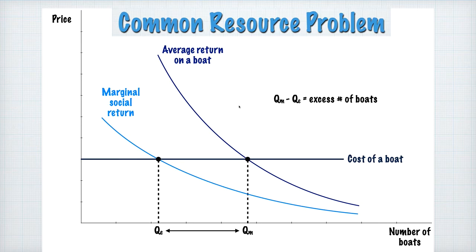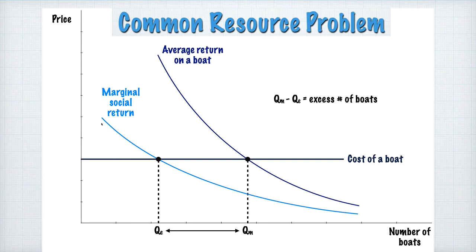So the market equilibrium is going to be where the average return on a boat is equivalent to the cost of the boat here, QM, but the efficient or the optimal number of boats for society is QE, where the marginal social return is equal to the marginal cost, or the cost per boat.